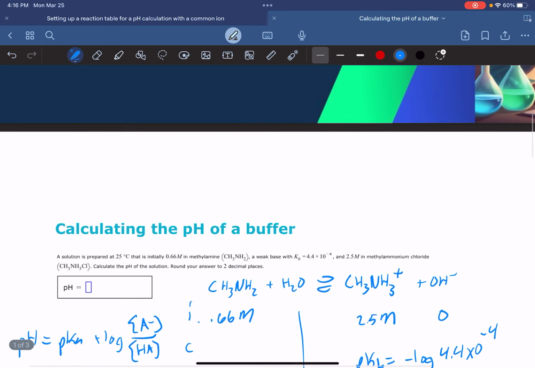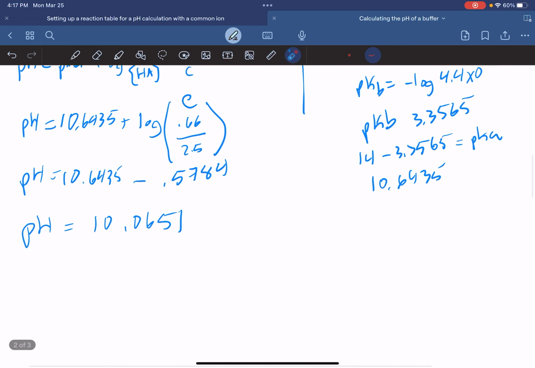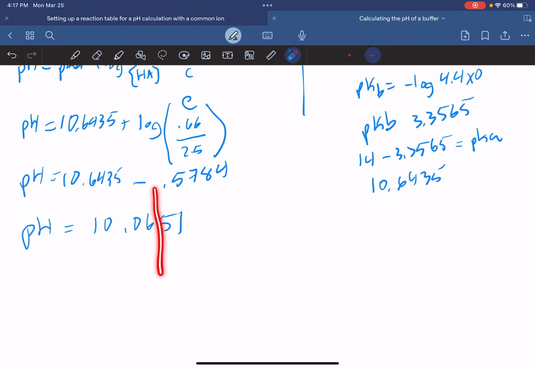And if they do like normal, they're going to ask us to do this to 2 decimal places. And since we are using 2 significant figures here and 2 significant figures here, it makes sense that we would cut off right here. But be wary, because this 5 is going to round this up, and so our final answer needs to be a pH of 10.07.